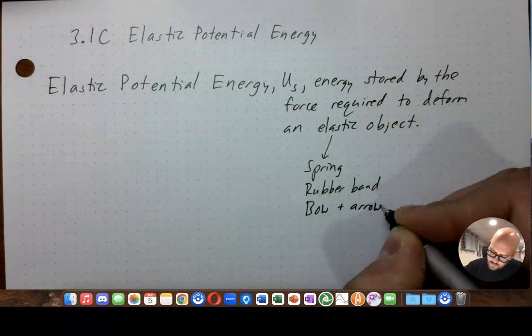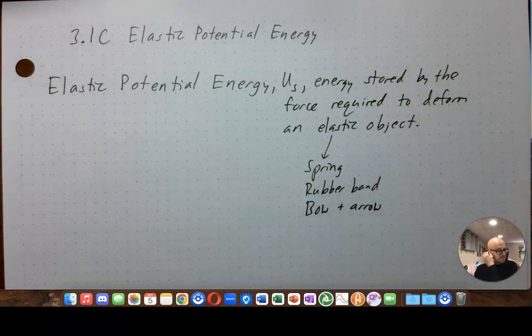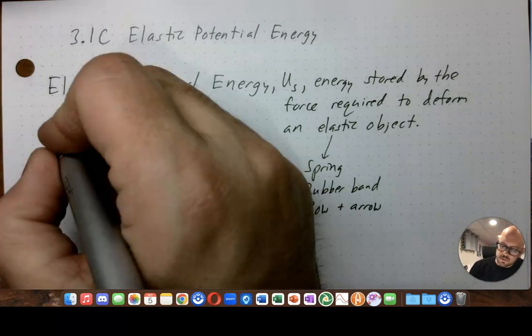It does not deform in the same way that a spring does, because it bends itself instead of compressing or stretching, but it's really good because you can imagine that you draw the bow back and then release, and the elastic potential energy in the bow pushes the arrow. Plus, you tend to do archery in PE, and so maybe when you're doing the archery unit, you're thinking about energy conversions.